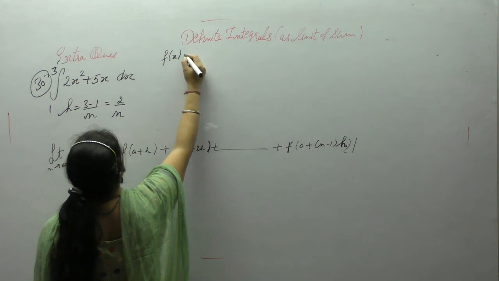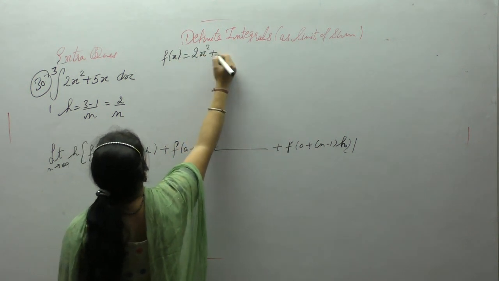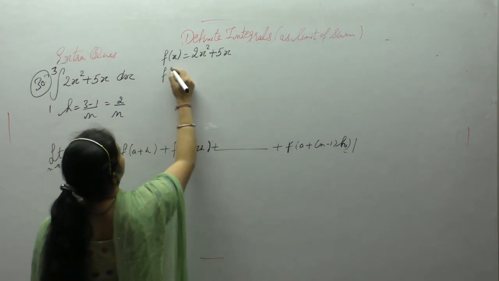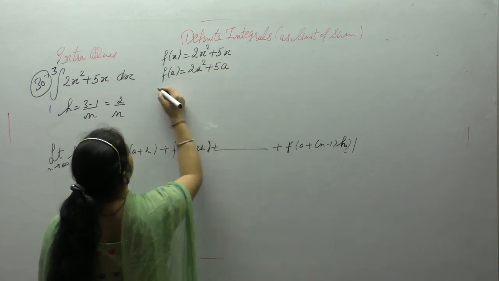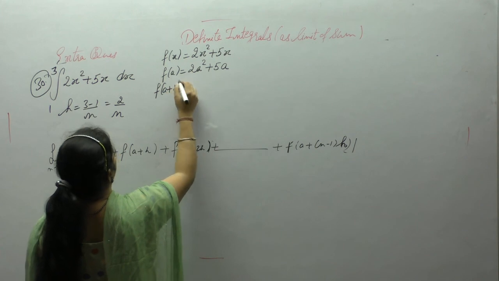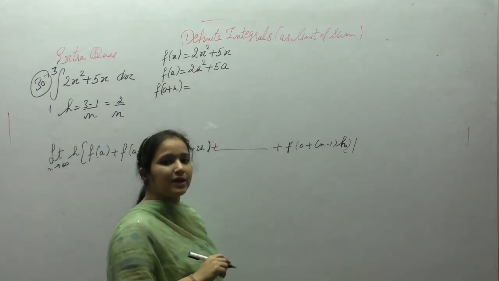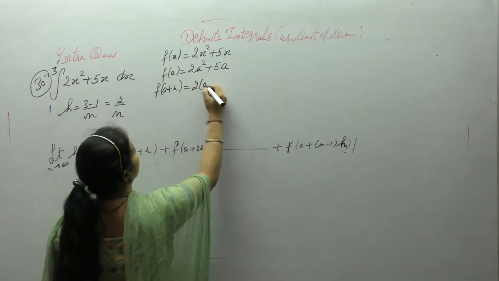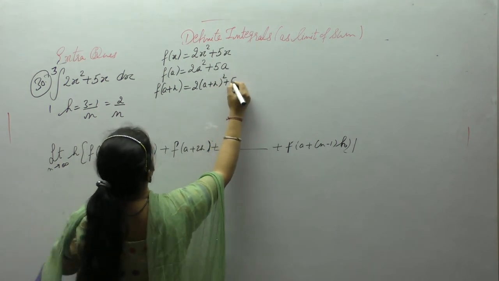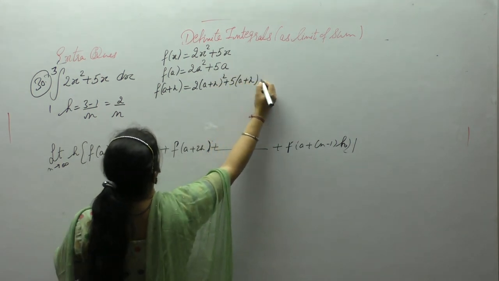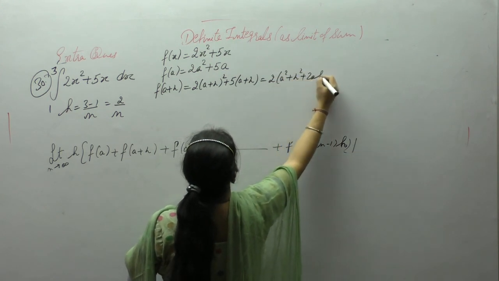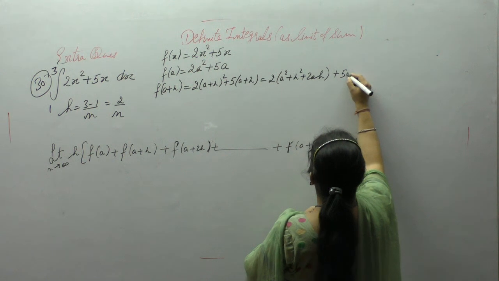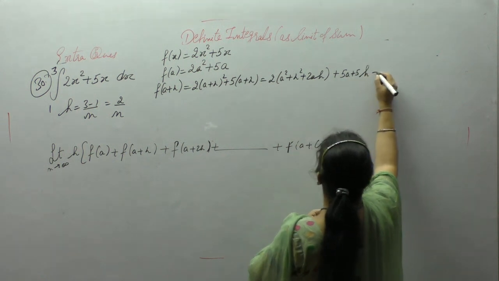f of x is 2x square plus 5x. f of a is 2a square plus 5a. Now f of a plus h is 2 times (a plus h) whole square plus 5 into (a plus h). Open the bracket: 2 times (a square plus h square plus 2ah) plus 5a plus 5h.